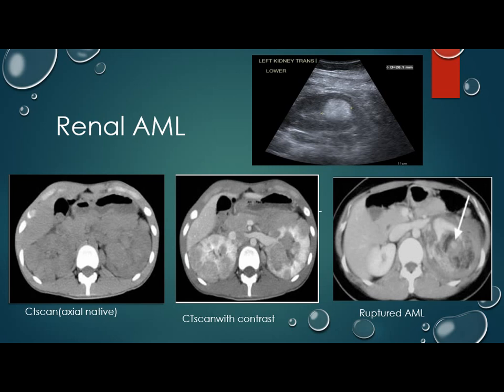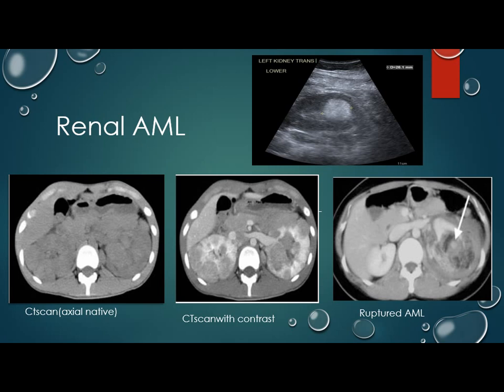Advice: every time you say renal cell carcinoma, always say renal cell carcinoma or oncocytoma, because they cannot be differentiated except by histopathology. A ruptured angiomyolipoma is an emergency with severe bleeding.